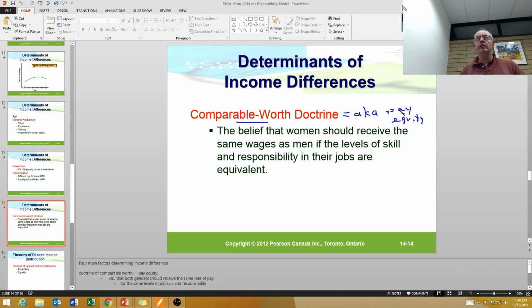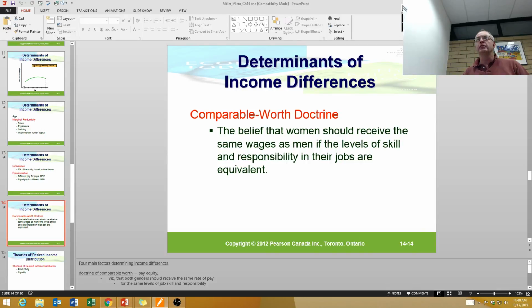So pay equity means what the term implies. It means that both genders should receive the same rate of pay for doing jobs of the same skill and same levels of responsibility. And this doctrine of comparable worth, otherwise known as pay equity, which is a more common term, is part of the legal system in Canada.